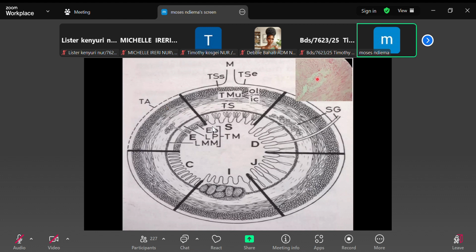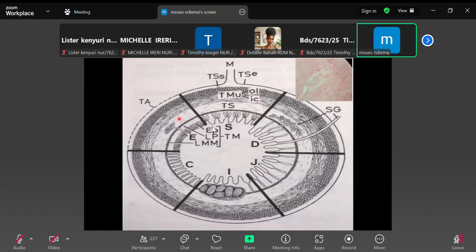It also includes, within the submucosa, the submucosal plexus, also called Meissner's plexus. That is the structure of the esophagus.